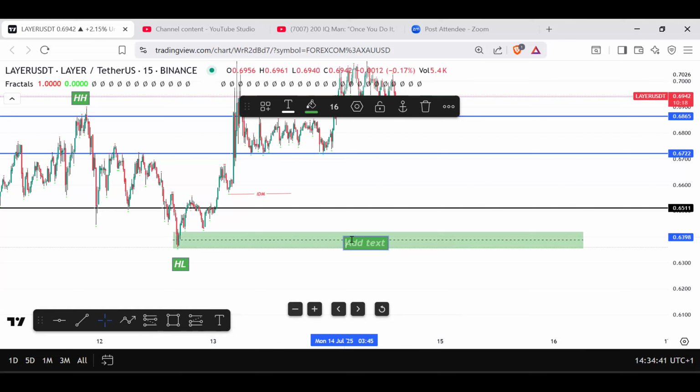I think the screen looks jammed. It's not moving.